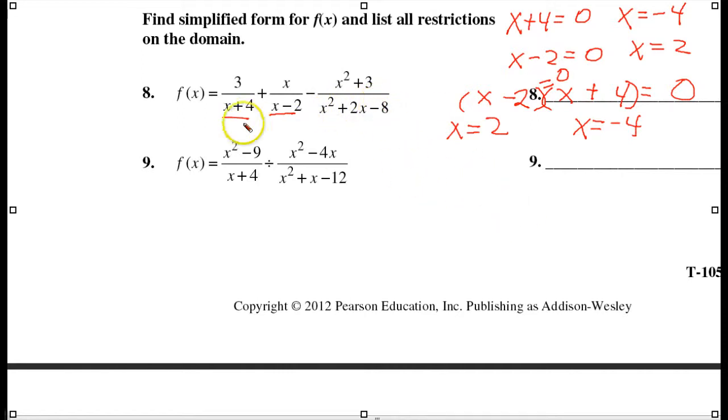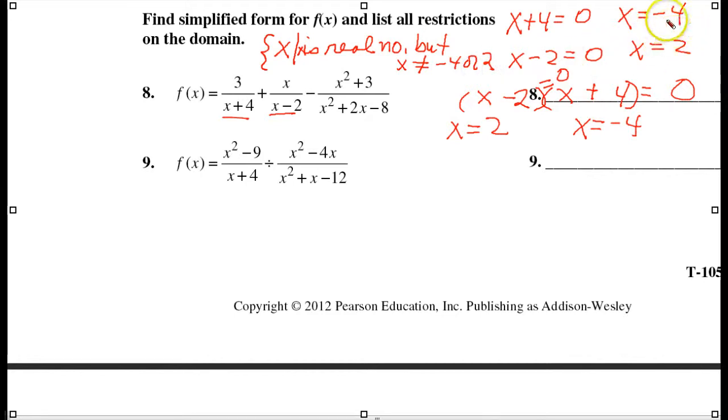So in set builder notation, we're going to say that x is a real number, but x cannot equal a negative 4 or a 2.